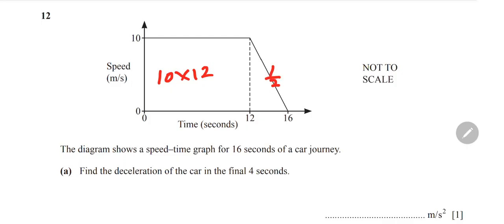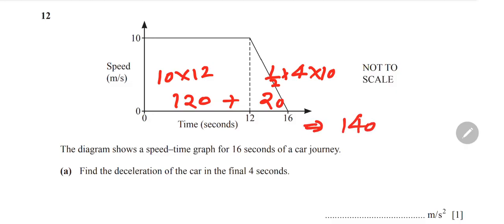Base is 4 seconds and height is 10, the speed given. So the rectangle is 120, and the triangle is 4 times 10, which is 40, divided by 2 becomes 20. The total distance covered is 140 meters. So the 12 B answer is 140 meters.